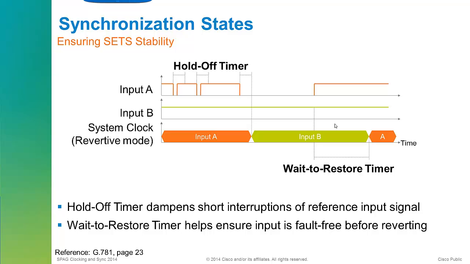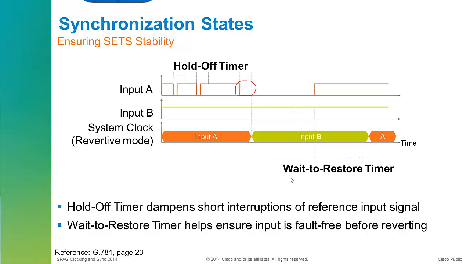And for stability, you don't want inputs being intermittent, on and off, or coming back and then disappearing again. So you define a hold-off timer. The hold-off timer really dampens short interruptions. So you don't really switch away from something until it disappears for a period of time. So with short oscillations, you stay where you are. It's only when you see an extended outage that you then switch to your backup source.